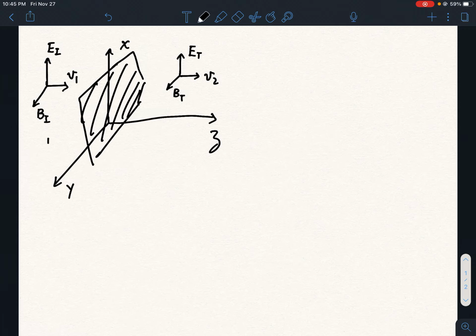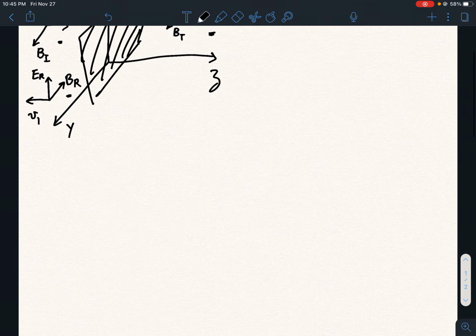Here we also have reflection, so we have E_R, and the wave propagating with v1 is reflected that way. So you will find that the reflected magnetic field B_R should point that way. So this is the reflected wave, this is the transmitted wave, and this is the incident wave.